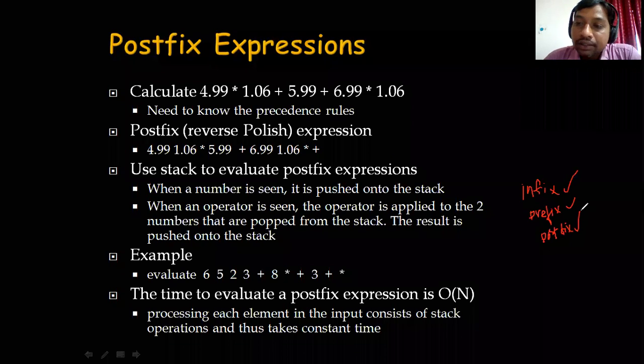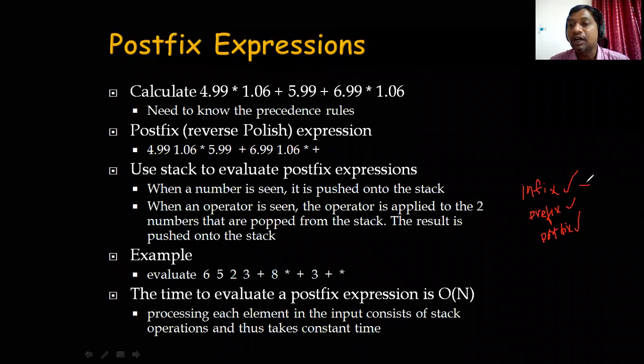In infix, the operator comes in between the operands. Suppose you take a binary operator like plus. The operator comes in between the operands, say a plus b. Look at the position of plus here. Plus is the operator which performs the addition operation.